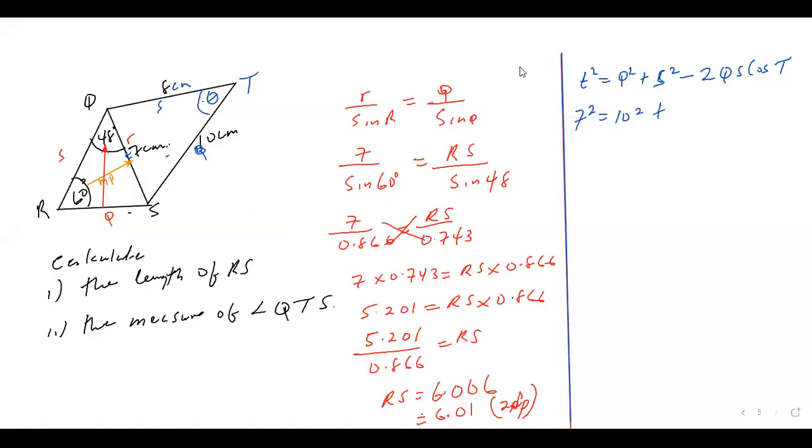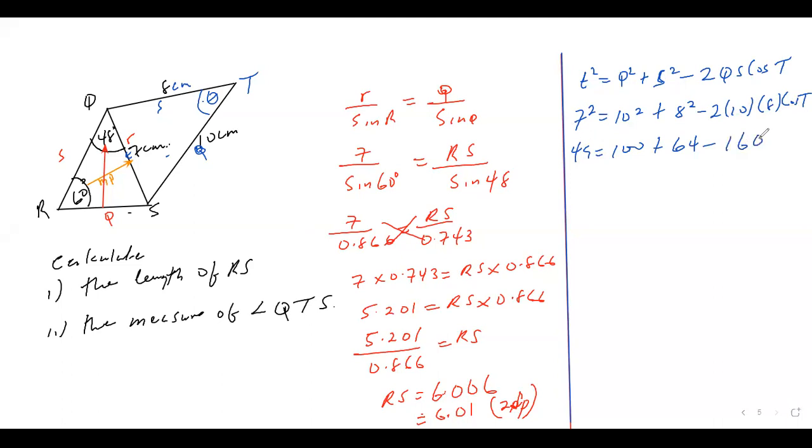Right, so what you do here now, right? Then we have what? S is 8 squared minus 2 times 10 times 8 cos of angle T. 49, 164 minus this, then this gives me 160.